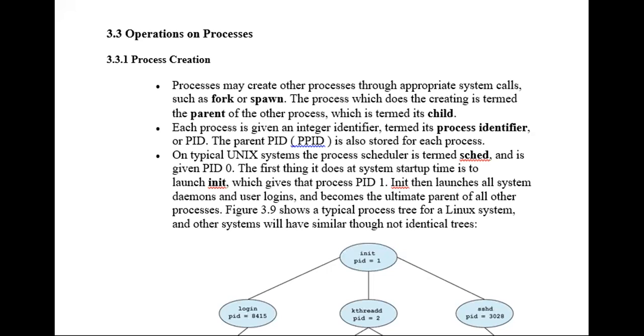In the Unix system, the process scheduler is simply called sched, and it is initially assigned the process ID 0. Whenever your system starts, the scheduler is initially assigned as a process, and the identifier assigned to the scheduler is 0.